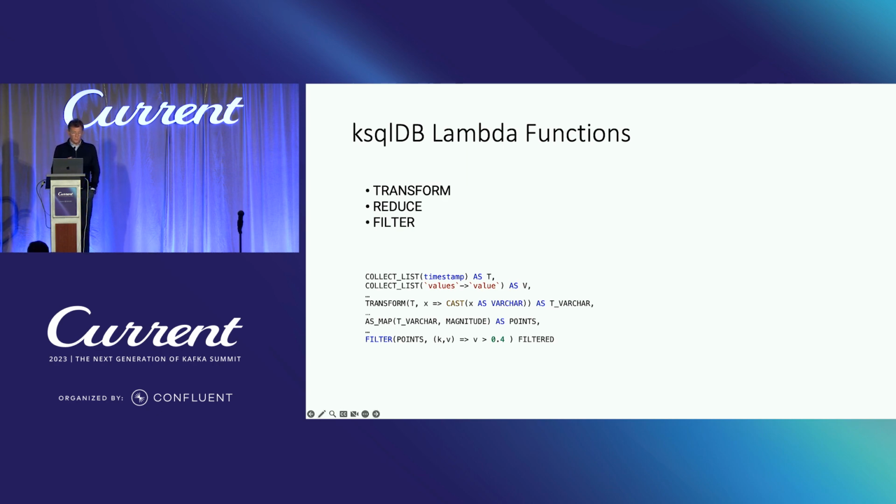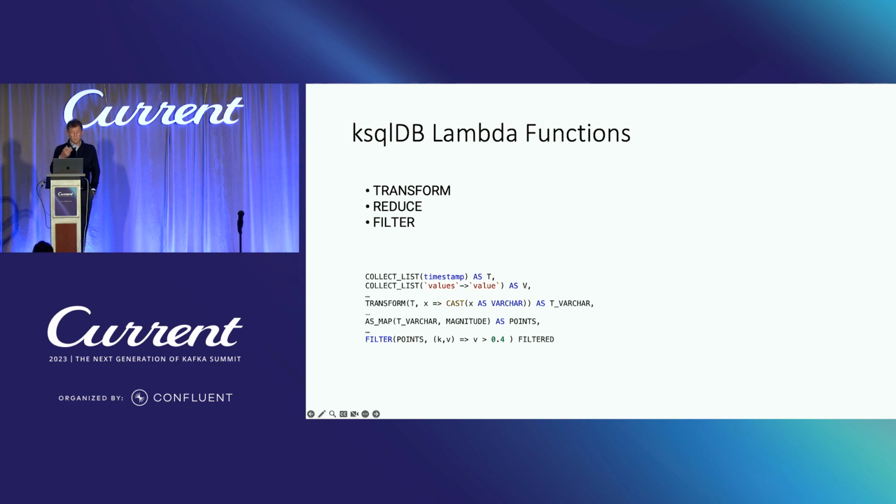Now we can do transform on T, for example, to cast it to varchar, because later we need to merge these two arrays together into a map, and a key can only be a string, right? So we do as map, T varchar and magnitude, and it will be a dictionary of our points.